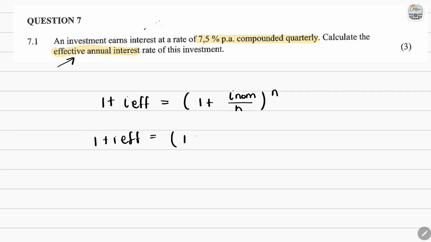Okay, so we're going to say 1 plus, and we'll write that interest rate as a decimal, which is 0.075. You can always just say 7.5 over 100 and then convert it into decimal notation. So this is over n, so it's compounded quarterly, meaning we're going to divide this by 4 so that it earns interest every quarter and then raise to the power of 4.